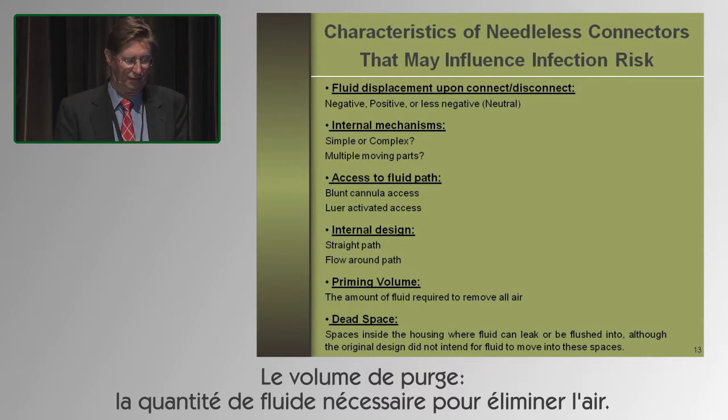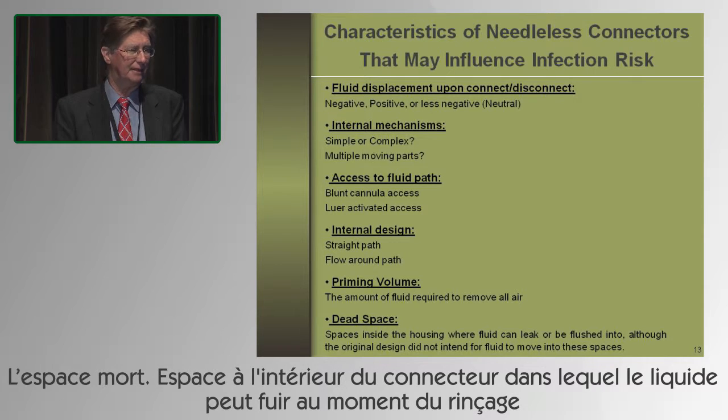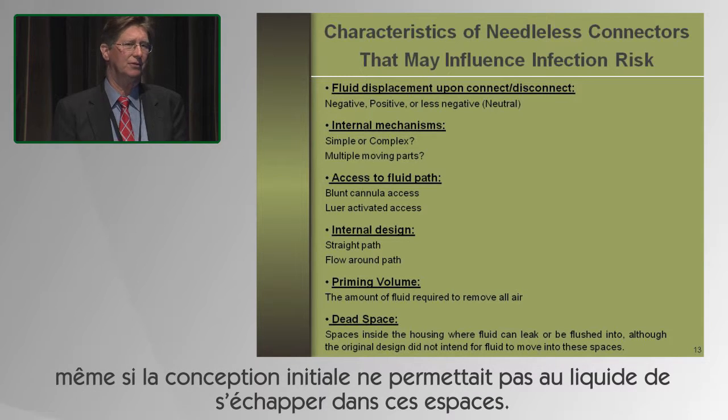The priming volume, or the amount of fluid required to remove the air, and the dead space, are spaces inside the housing where fluid can leak when it's flushed, although the original design was that the fluid would not be able to escape to those areas.